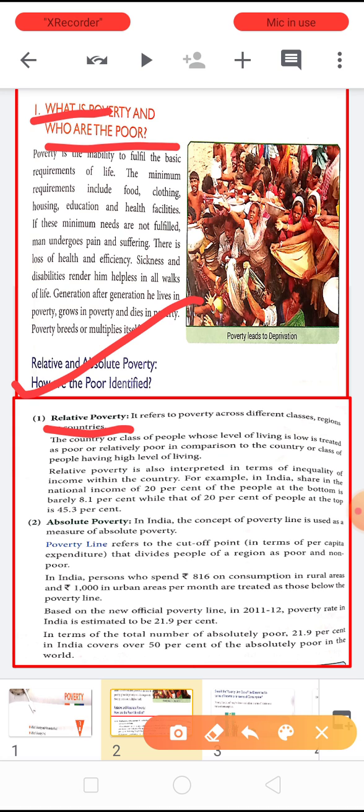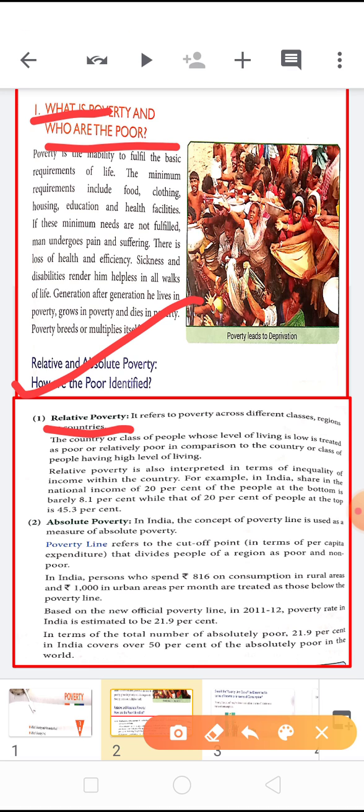So you can say that relative poverty is also interpreted in terms of the inequalities of income within the country. For example, in India, the share in the national income of the 20% of people at the bottom is barely 8.1%, while that of the 20% of people at the top is 45.3%.